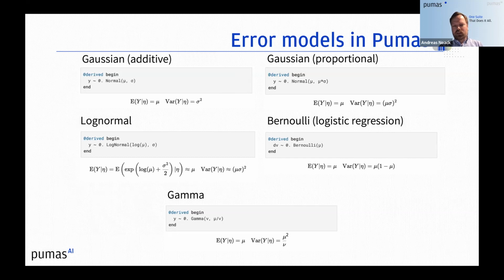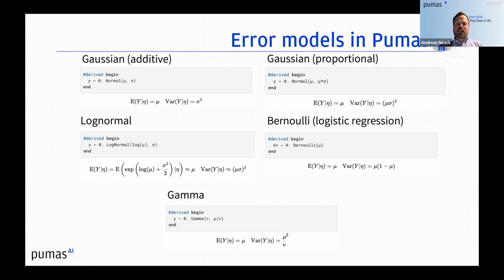The Gaussian error model is closely related to nonlinear regression models, so you can write the model in a typical regression style where you formulate the conditional mean, and then you write some epsilon, which represents a Gaussian distribution.